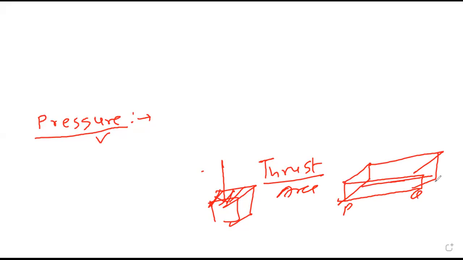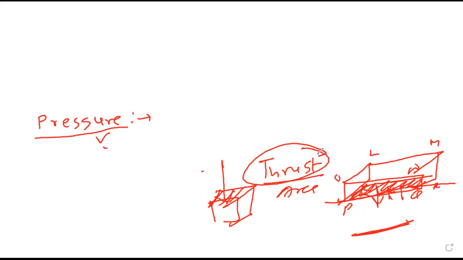P, Q, R, S, L, M, N, O. This is the surface. Who will give the pressure? The force acting normally is what gives pressure. And normal force means thrust.